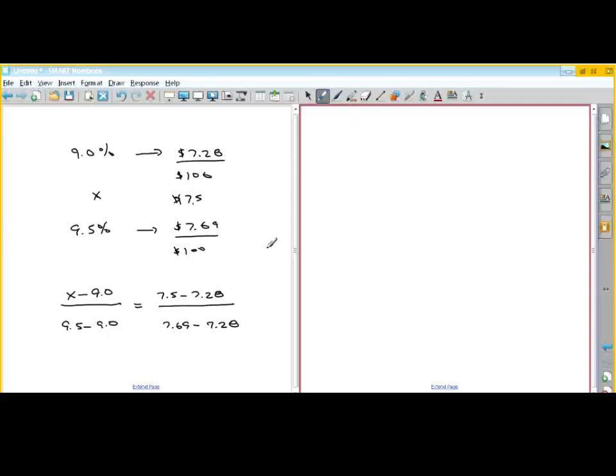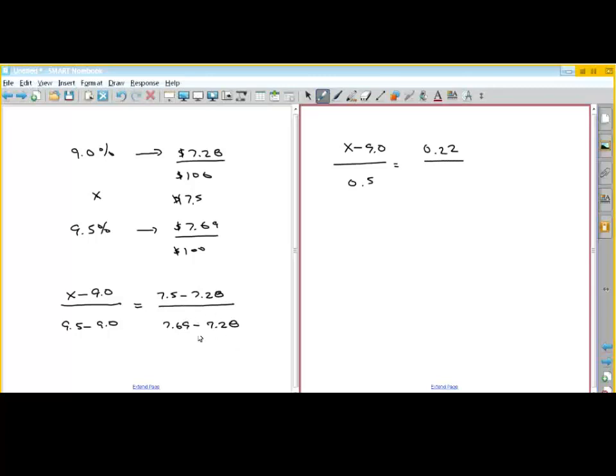So how do you solve for this now? Well, you'd cross multiply. Well, actually, you multiply both sides by this number. I guess one thing we could do is just go ahead and do the math here. So 9.5 minus 9 is 0.5. 7.5 minus 7.28 is 0.22.